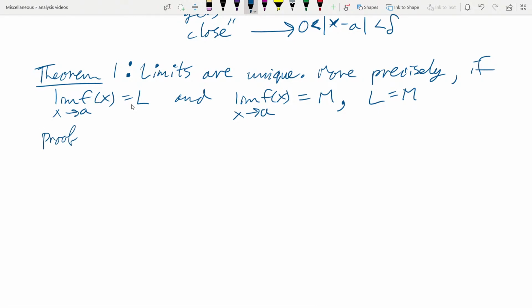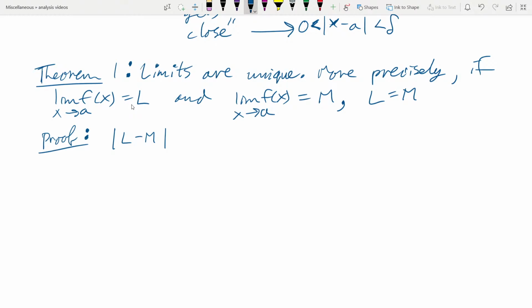for the proof of this, a really useful trick in analysis: if we want to show two things are equal, it's enough to show that the absolute value of their difference can be made smaller than any positive number whatsoever.